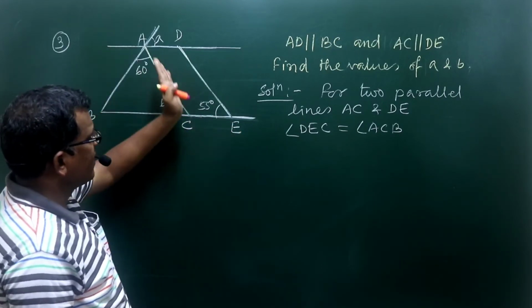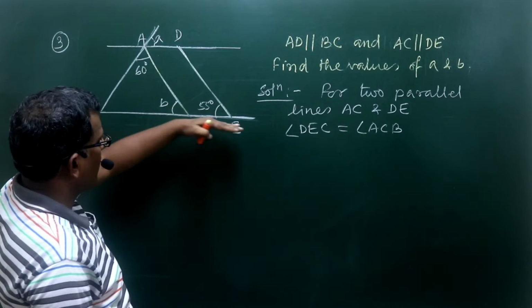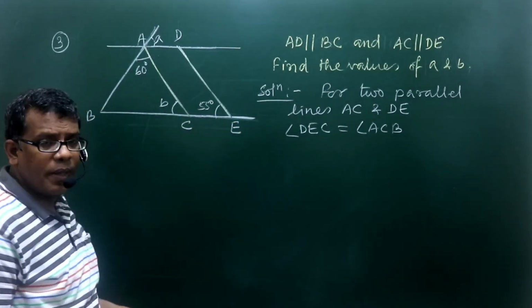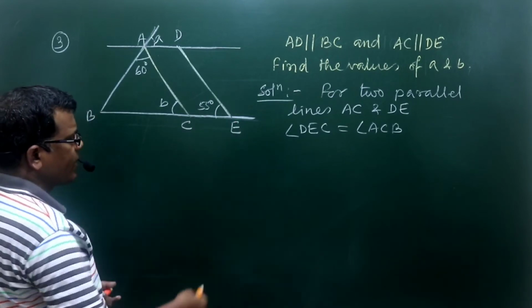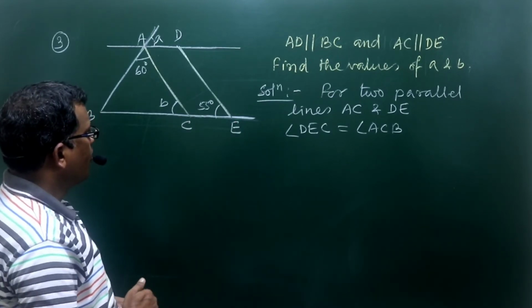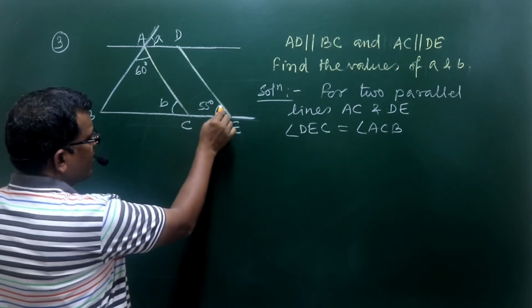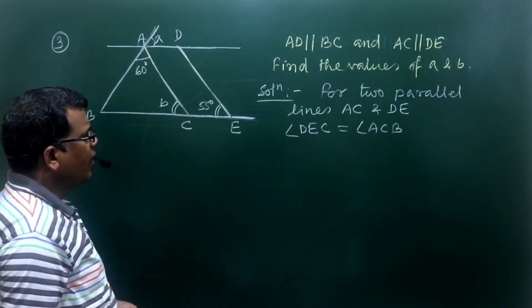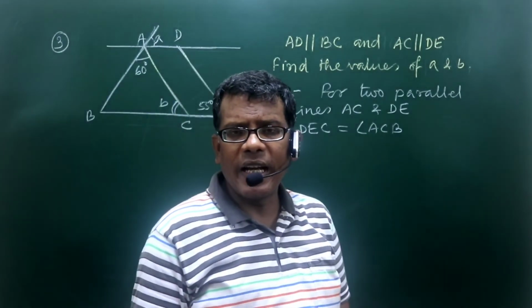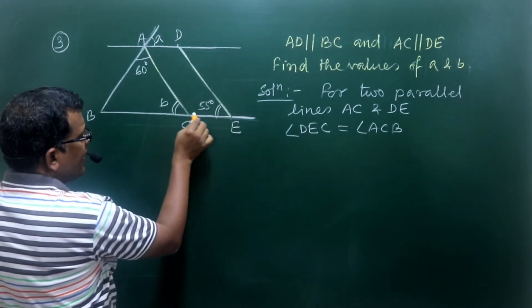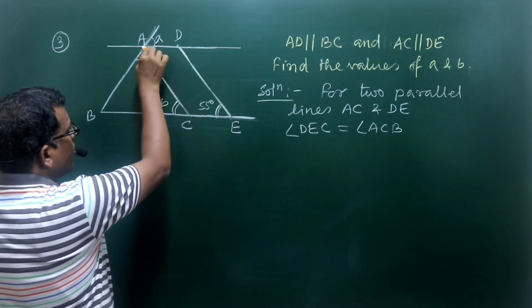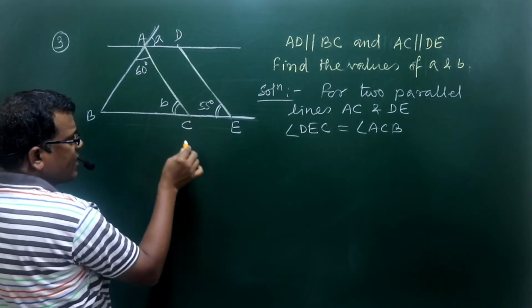If these are the two parallel lines, then they are being intersected by BE or BC, whatever you call it, BC is basically one line. So based on this transversal, these two angles must be the same because they are the corresponding angles. So I can write down angle DEC, that is this angle, is equal to ACB, that is this angle.